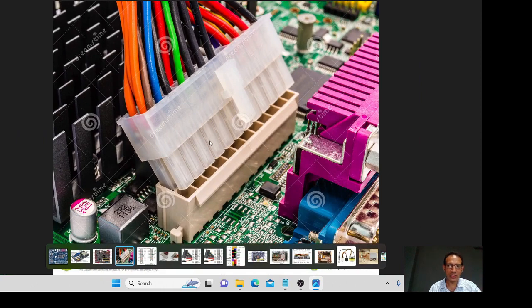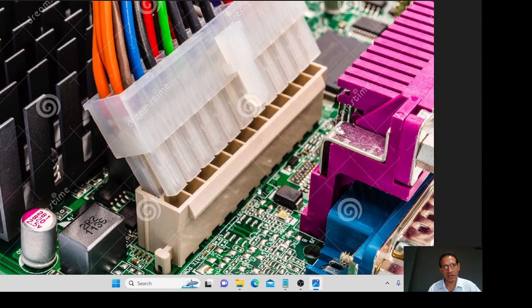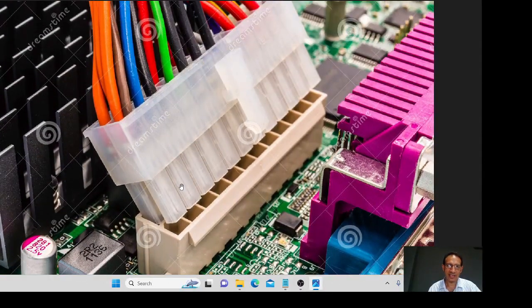The AT power unit looks like this. It is a single connector with 20 pins. This is not P1, P9, P8 and P9. This is a single unit, 20 pins.